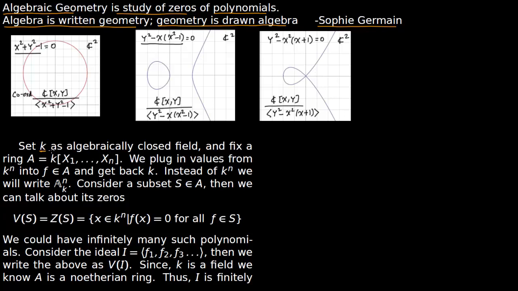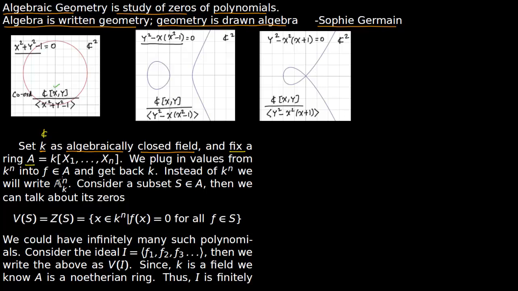So you set K as an algebraically closed field. You can think of this K as, say, complex numbers, and you fix a ring A, which is K[x1, x2, all the way to xn]. So for example, you can talk about C[x,y].